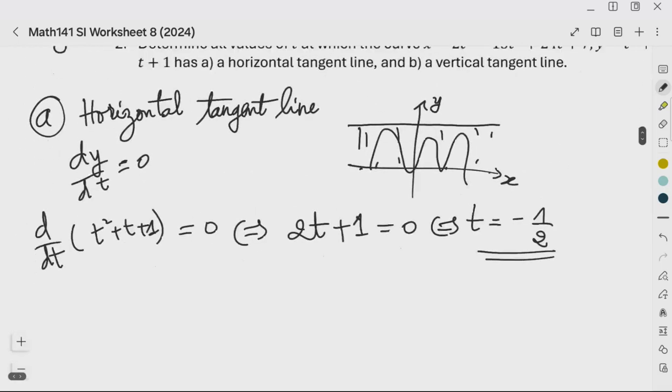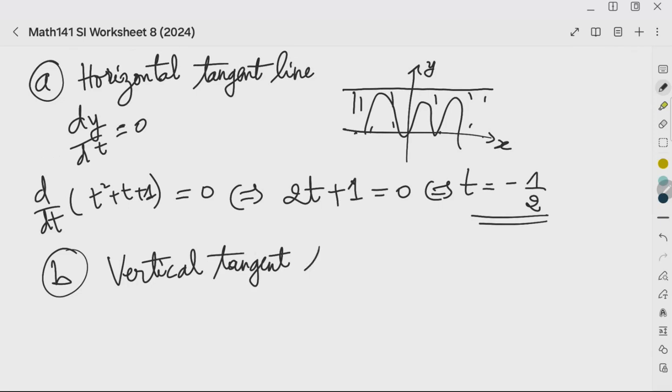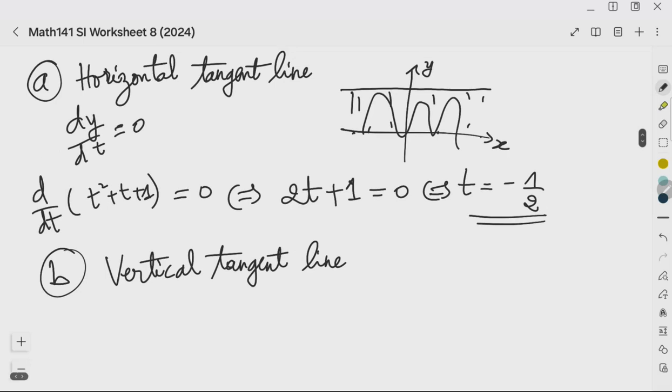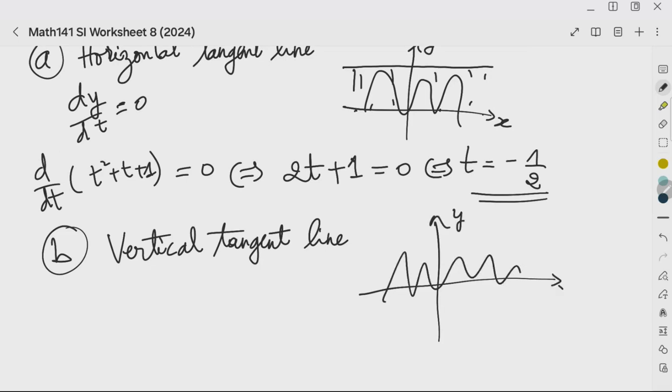Now let's look at B. When we have the case of a vertical tangent line, what do we have here? Again, using the same logic, you have a curve that looks like that. These are your axes.